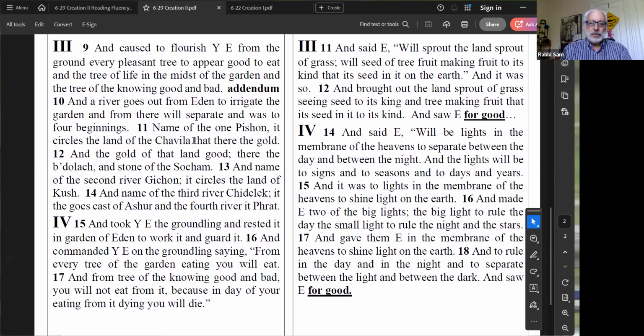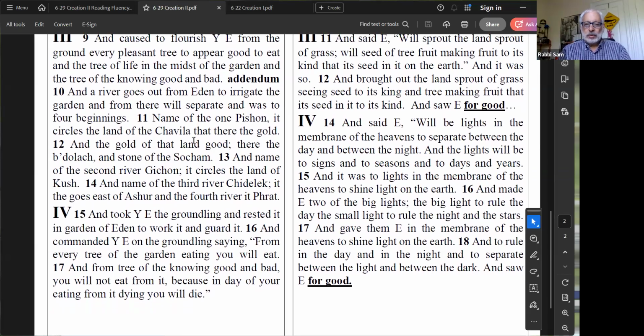And the first river is called the Pishon. And where is the river Pishon? It's the river that goes around the land of Havilah where you find gold. And so there are those who have tried to identify which river is which.